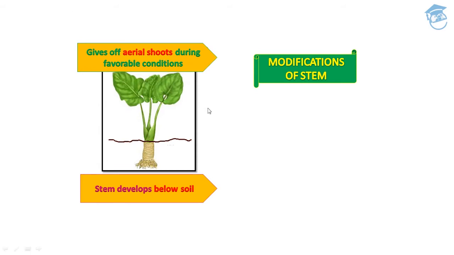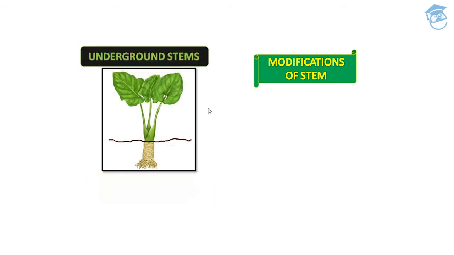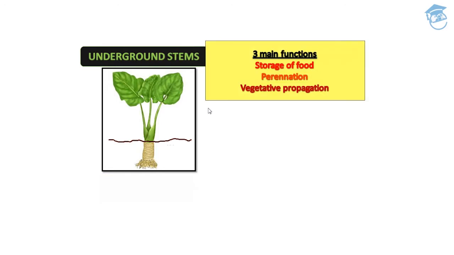So this is one modification of a stem, which is called the underground stem. Now, what are the main functions of the underground stem, students? First is the storage of food. Second, perennation. What is perennation? Tiding over unfavorable period. And third function is vegetative propagation.